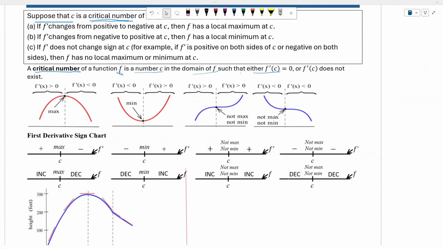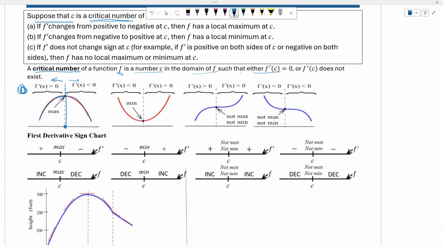Now let's check out the following example. In the first graph, the function is increasing and then decreasing. So to the left side of this number, f prime is positive, and to this side right here, f prime is negative.